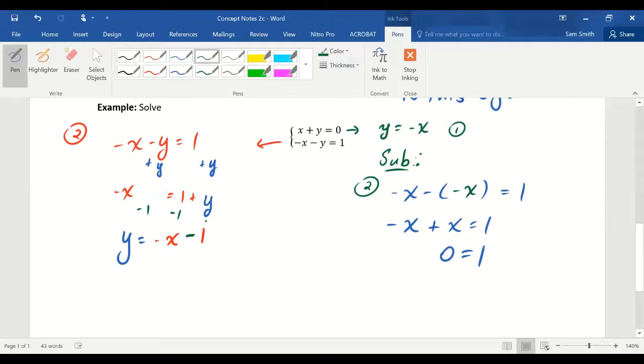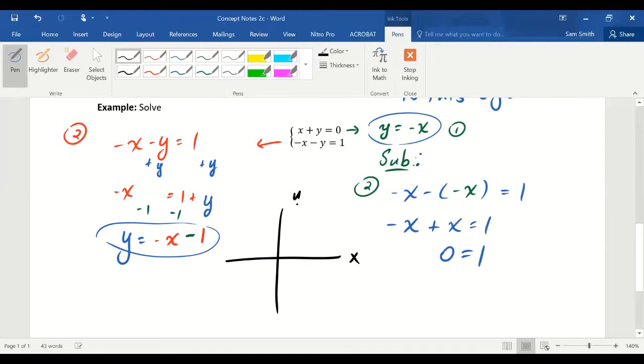So what I'm going to do now is try, with reasonable levels of care, to graph both equation number 1 and equation number 2 on the same axes. So here's my xy axis. Now, do you remember mx plus b, slope-intercept form? On the left-hand side here, y equals negative x minus 1.